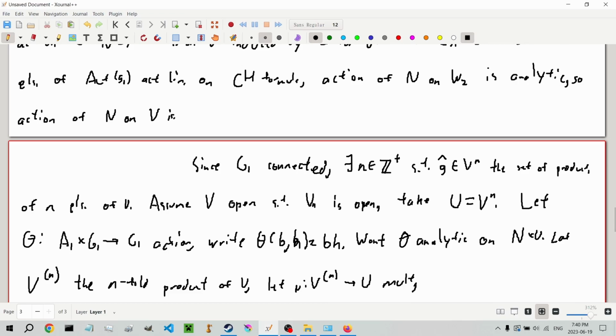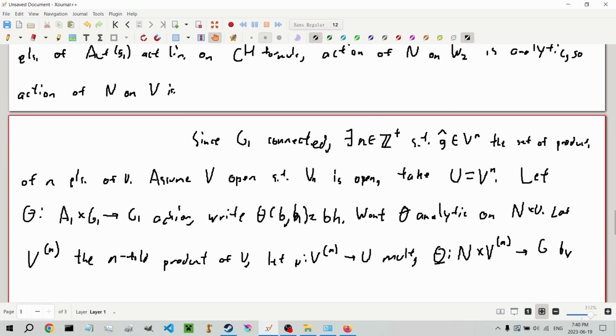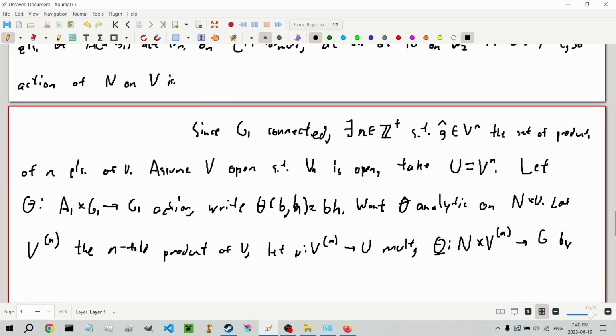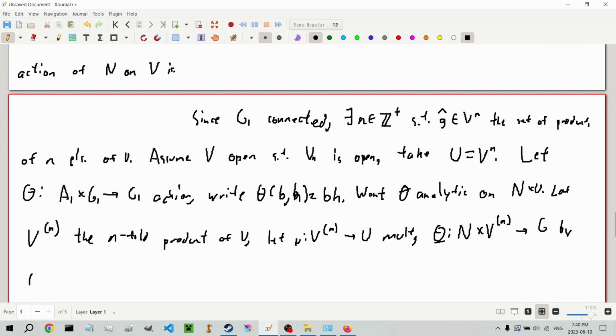And we're going to let theta underscore from n on our respective V to the n to the G by theta underscore of B, or element B from n on G1 through Gn, be the product of Bg1 through Bgn.